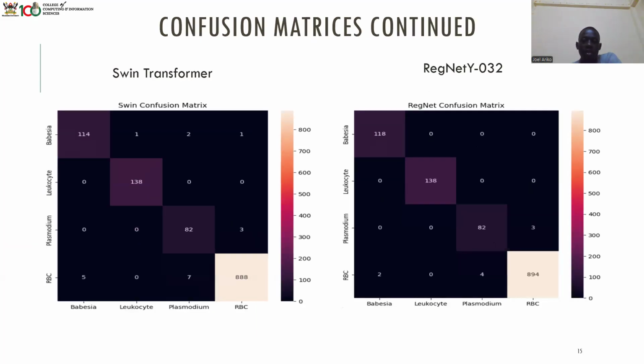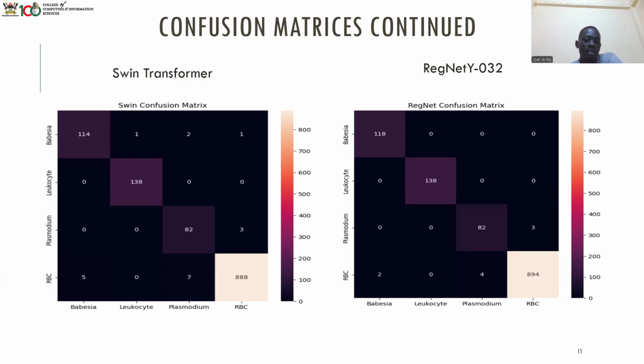Then on the other hand, we have the Swin Transformer and the RegNetY-032. For all of them, most of the images were captured diagonally, but for the Swin Transformer, I saw four misplaced cells: one that was predicted as the leukocyte, 2 as Plasmodium, and 1 as the RBC, which is the red blood cells.